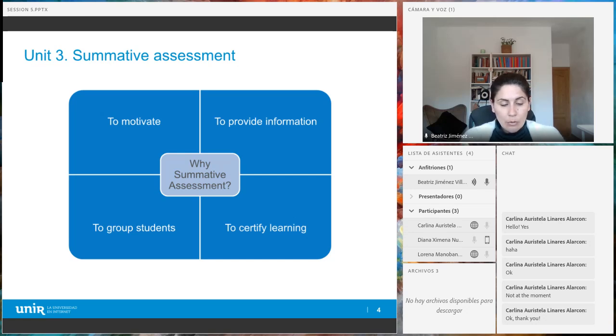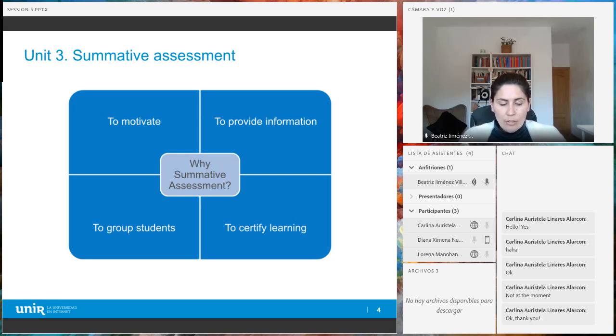And actually, in some schools that have, for example, advanced English classes, teachers give the students a test, and according to the results of that test, they group the students in the advanced level, the intermediate level, or the basic level. So summative assessment is also useful for that.